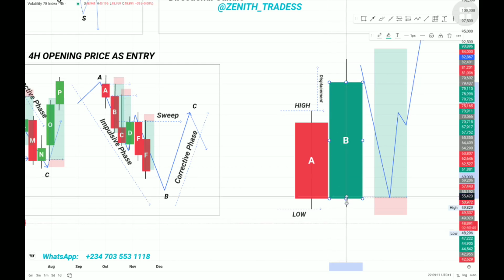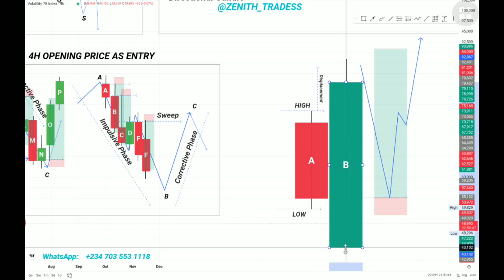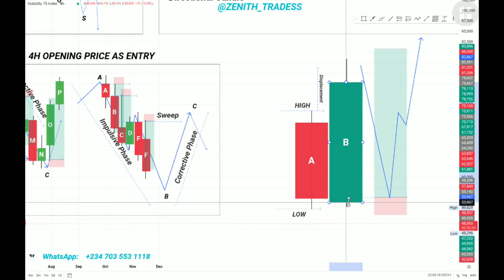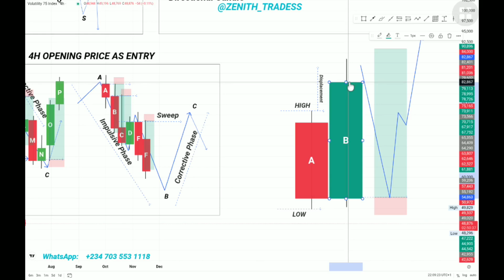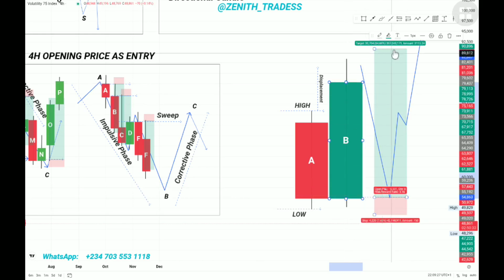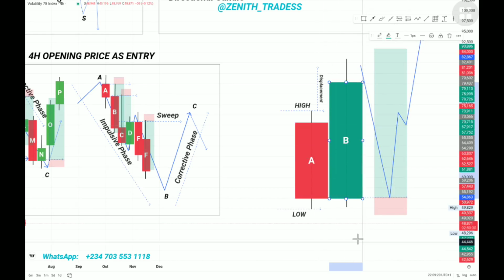In a bearish scenario, the distance from the closing of the body to the low is what we call the displacement. So once a candle displaces above the high or low of a previous candle, it is a high probability candle to enter from its opening price. For a bullish scenario, the opening price above. For a bearish scenario, below. I believe you understand what we mean by displacement now.